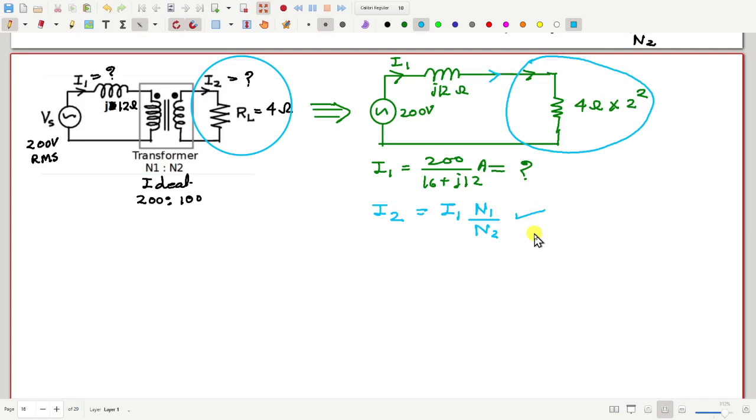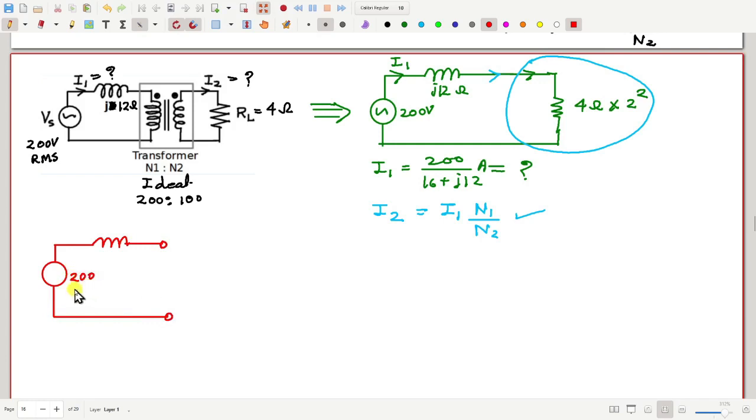Another way is to transform the primary circuit into the secondary side. This was the primary circuit, 200 volt and j12 ohm. Now I want to bring it to the secondary side.